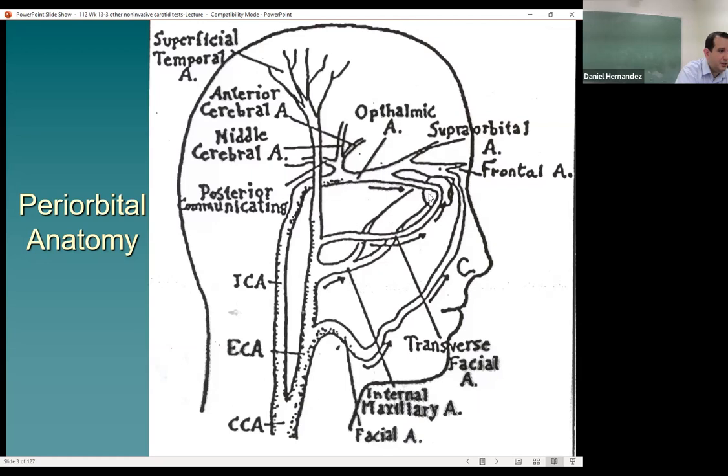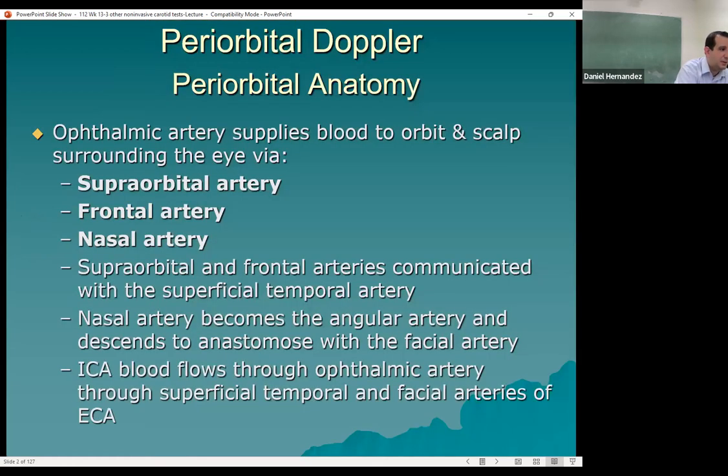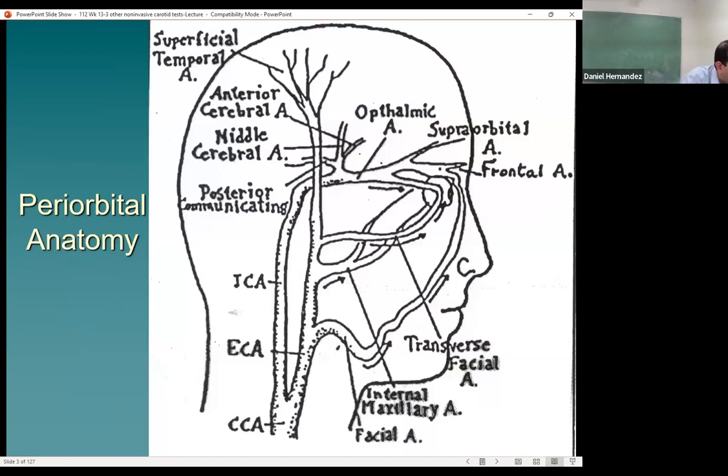We do have connections with the nasal artery as well as the frontal artery. We can see our supraorbital artery.